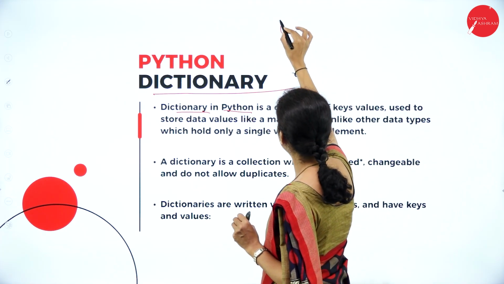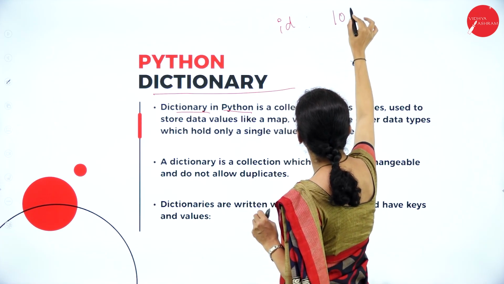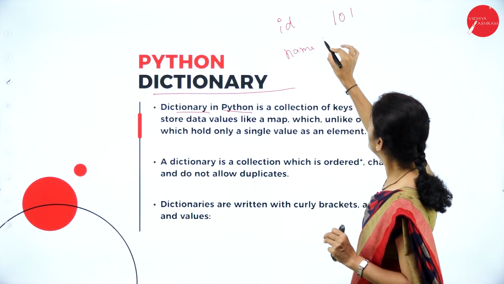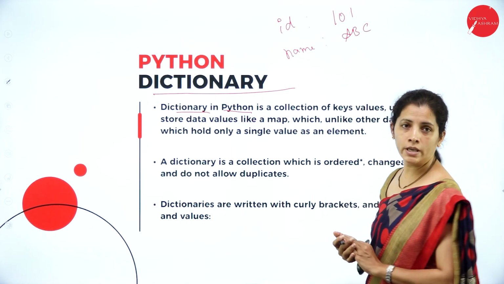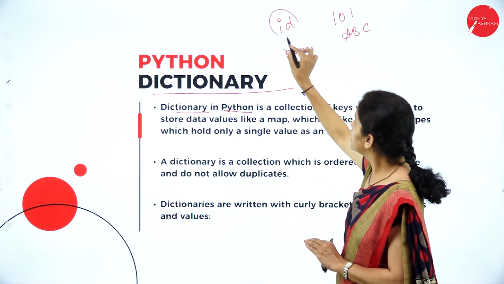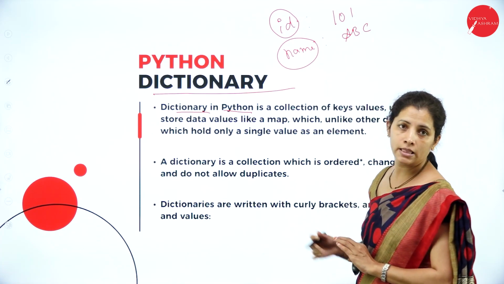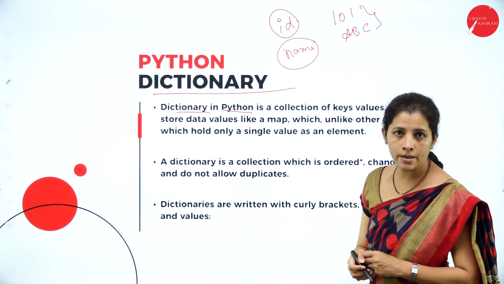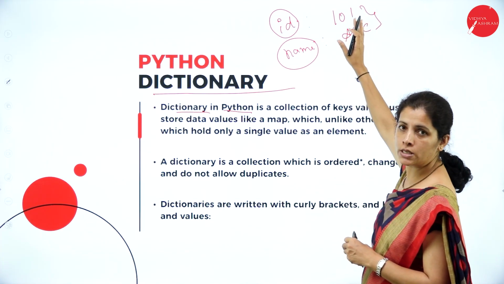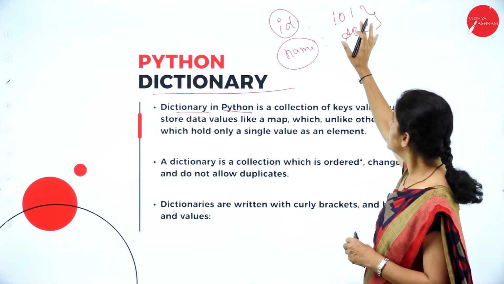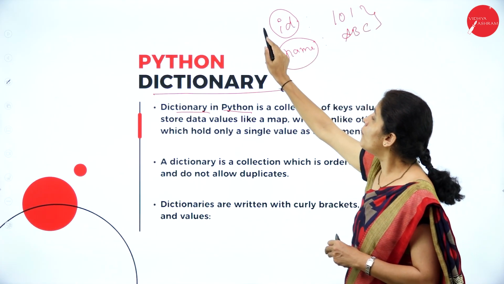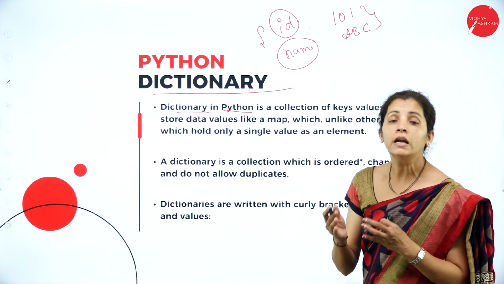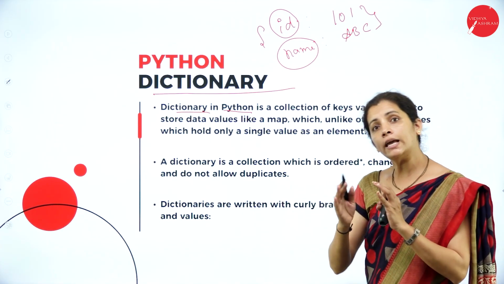For example, think that I have ID and I'm going to have the value 101. And I have name, I'll write ABC. So here ID is nothing but the key, name is also nothing but the key. But what about 101 and ABC? That is nothing but the values, key-value pairs. Values may be repeated.